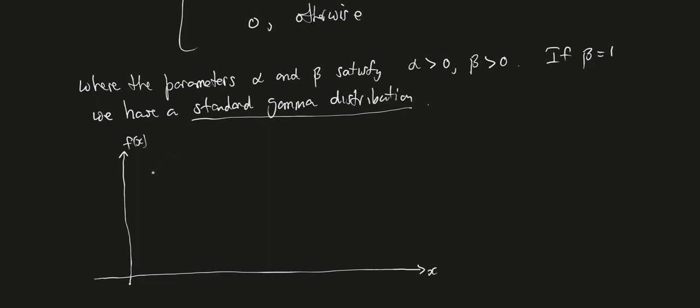So if alpha and beta are 1, you're going to end up with a graph that looks kind of like this. It starts out here, and then it just kind of tapers off like that. I just wanted this as a reference point.